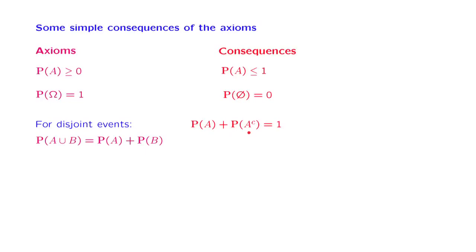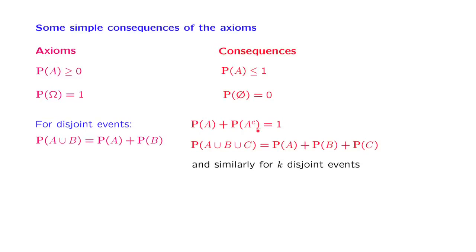Finally, we can generalize the additivity axiom, which was originally given for the case of two disjoint events, to the case where we're dealing with the union of several disjoint events. By disjoint, here we mean that the intersection of any two of these events is the empty set.